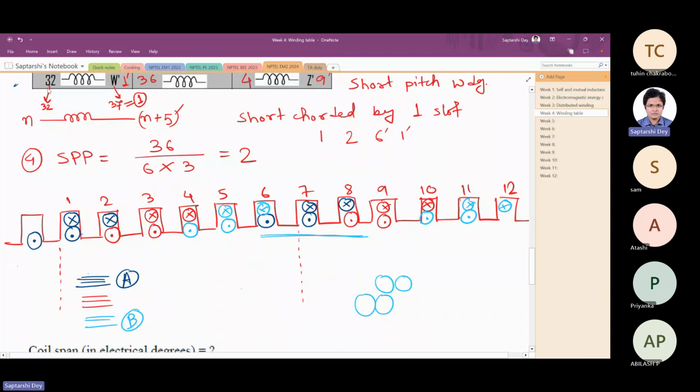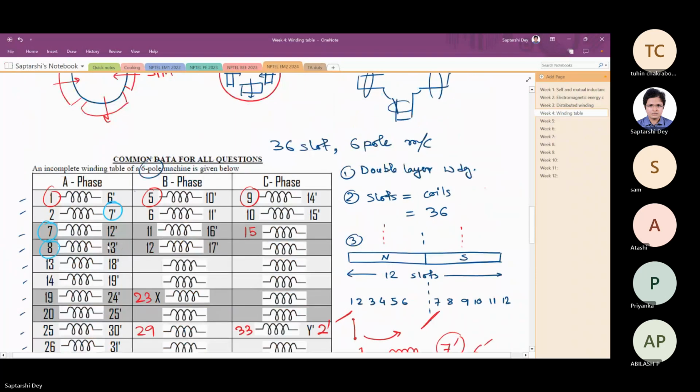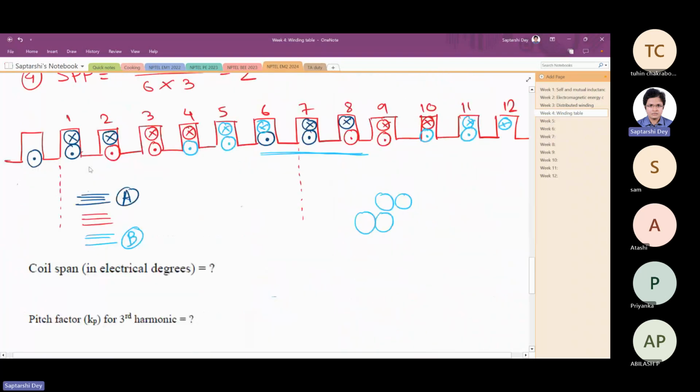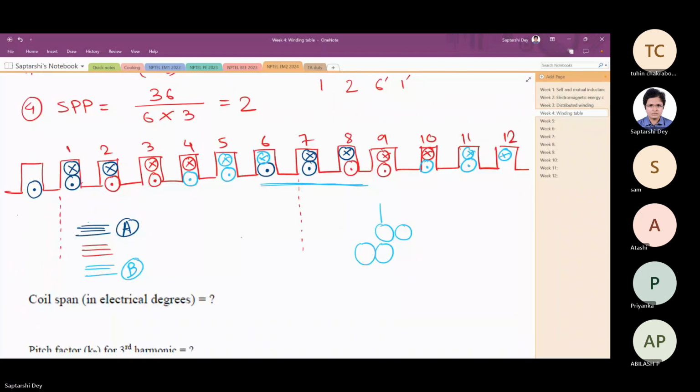Now, what is 1 for phase A? 1 is in this position, this one. So for the other two, if this is this one, it should be this one.